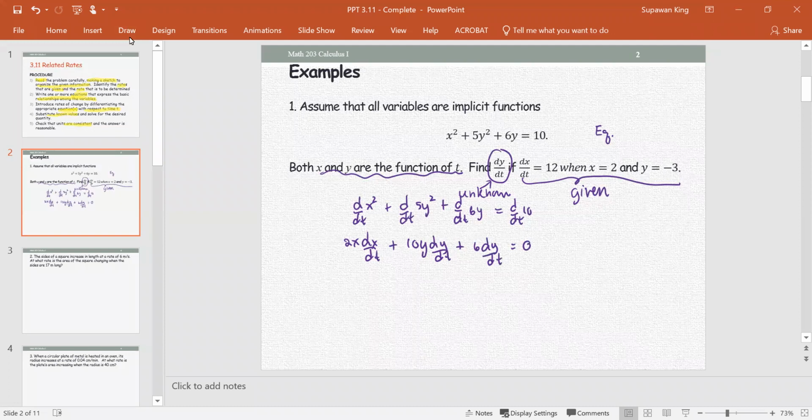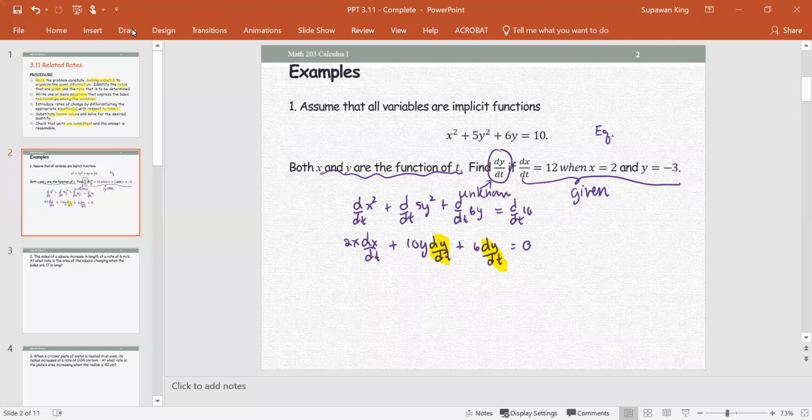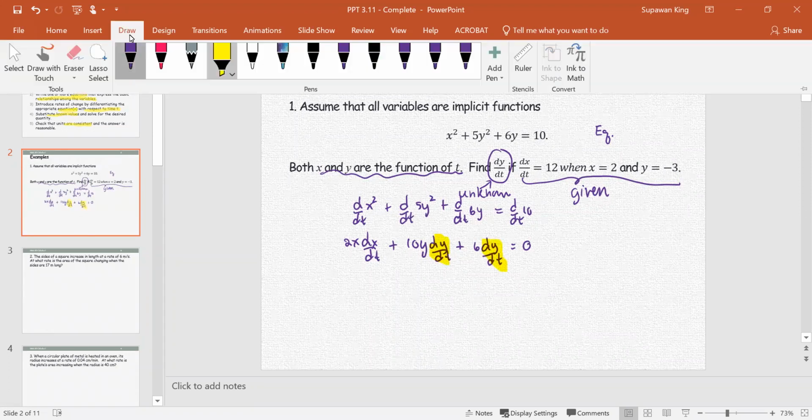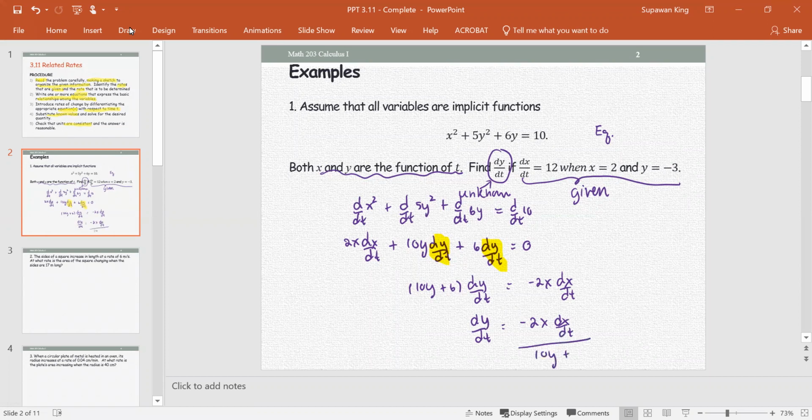The problem asks you to find dy by dt. We have two terms that contain dy by dt, so we keep these two terms on the left and move 2x dx by dt to the right and collect the coefficient, to get (10y plus 6) multiplied by dy by dt equals negative 2x times dx by dt. Therefore, dy by dt equals negative 2x multiplied by dx by dt, all divided by 10y plus 6.